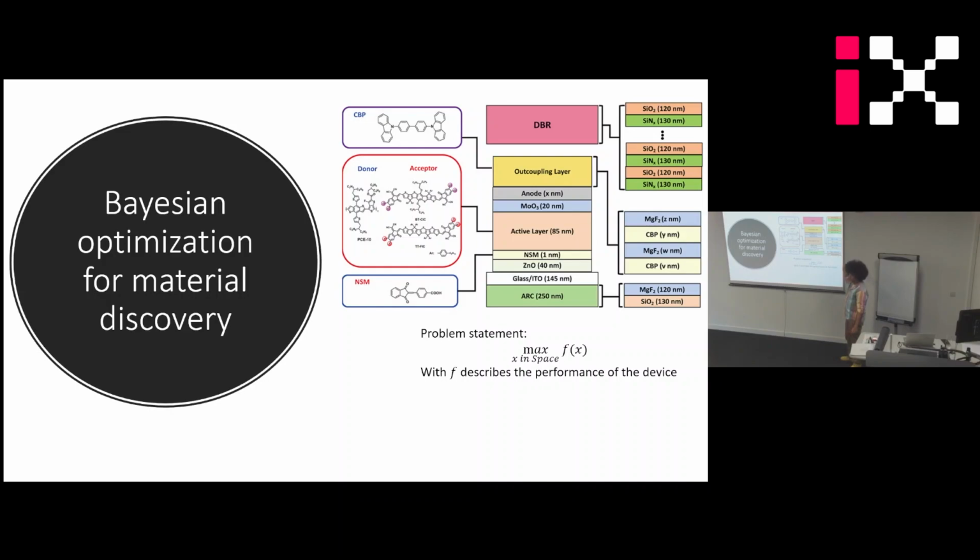For example, the concentration of your material in the solution, or the temperature that you're going to use for the deposition. So those could be continuous variables, as well as discrete variables. So when you're thinking about using Bayesian optimization for material discovery, you really need to think about this mixed space problem and how you can use it in this space.